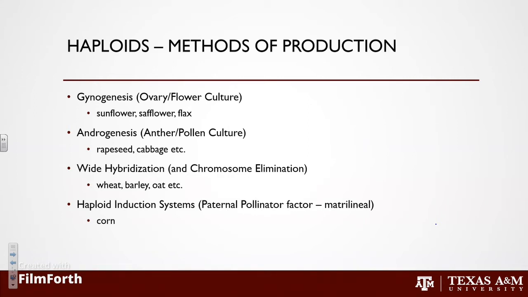And you pollinate wheat or oat with maize pollen, and the corn chromosomes, when wheat is used as the female, are eliminated as that embryo develops, and so you're left with a haploid complement of the respective wheat or barley that can be recovered, grown in tissue culture, or recovered through embryo rescue, and then doubled to produce a double haploid.